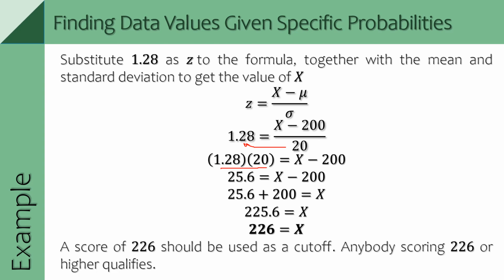So the score of 226 should be used as the cut off. So anybody scoring 226 or higher qualifies. So actually this kind of formula, this kind of computation, is used by universities in order to have the qualifying exam.